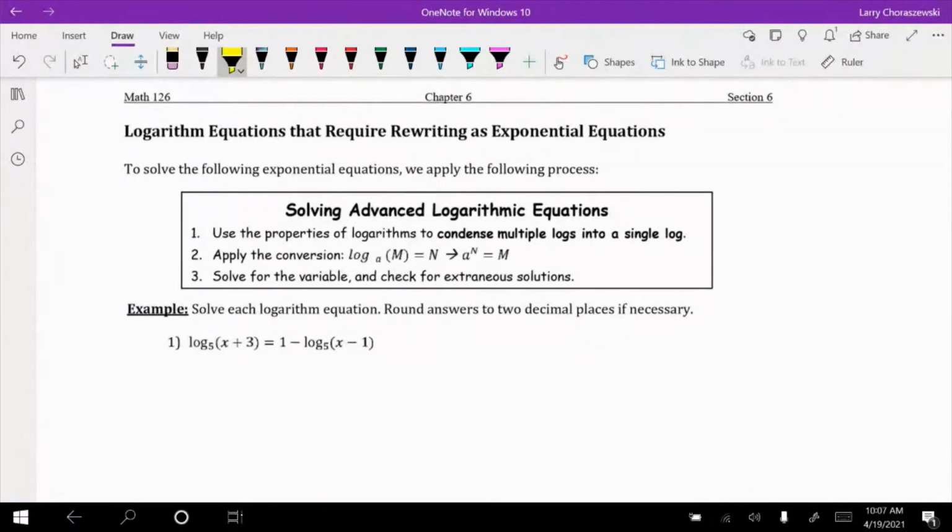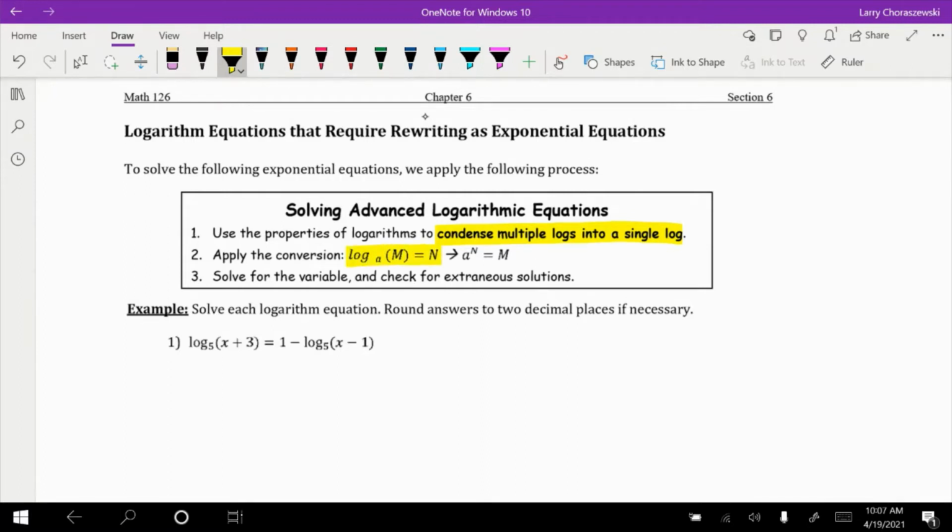And this rewriting involves having all the logs on one side and everything else on the other side of the equal sign. Because once we have the multiple logs on one side of the equation, we can condense them into a single log.